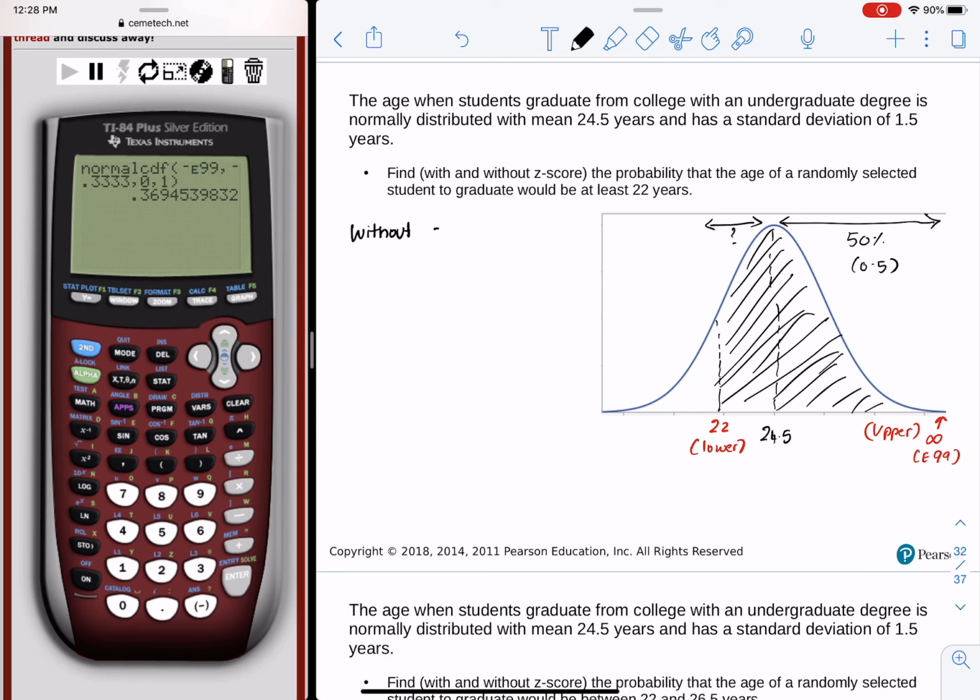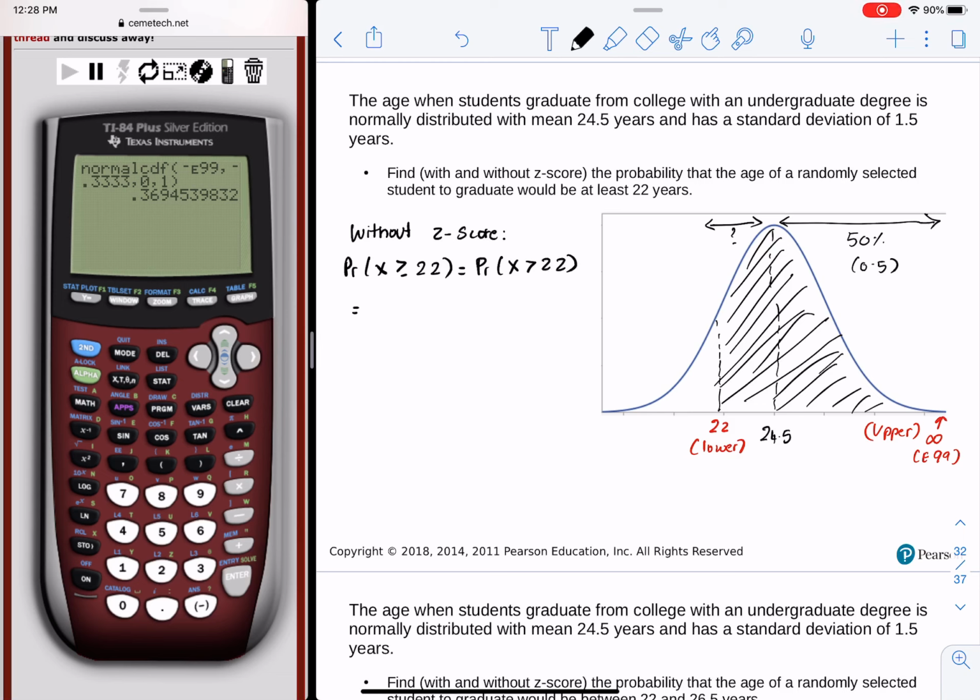So without z-score, at least 22 would mean x is greater than or equal to 22, but keep in mind with normal distributions, probability x greater than 22 is the same as probability x greater than or equal to 22.